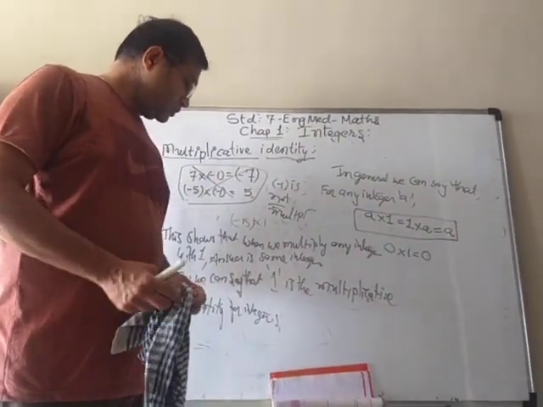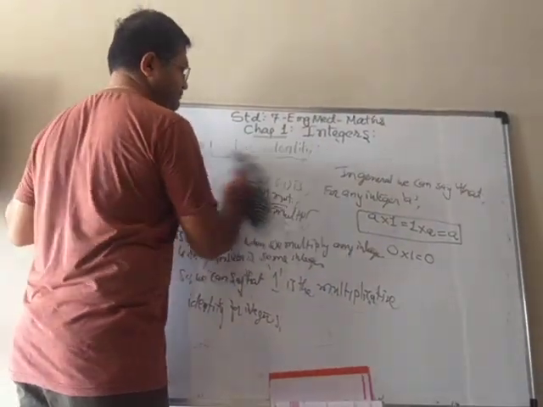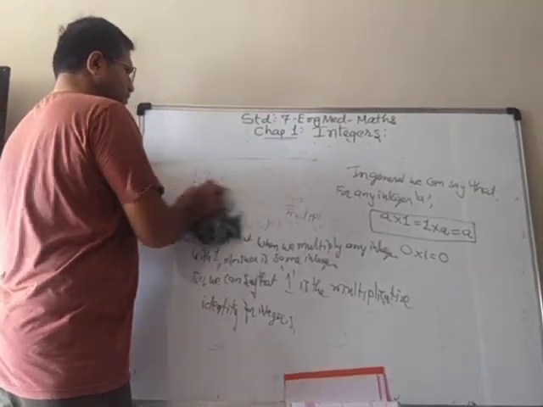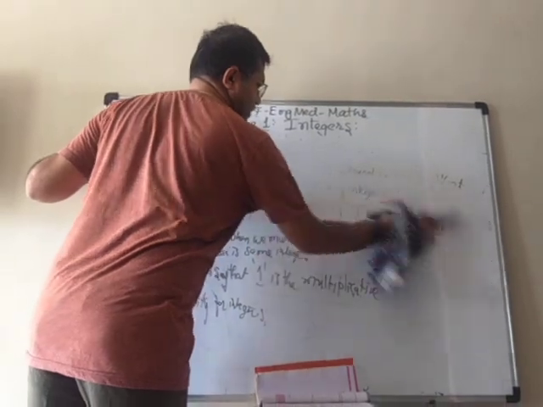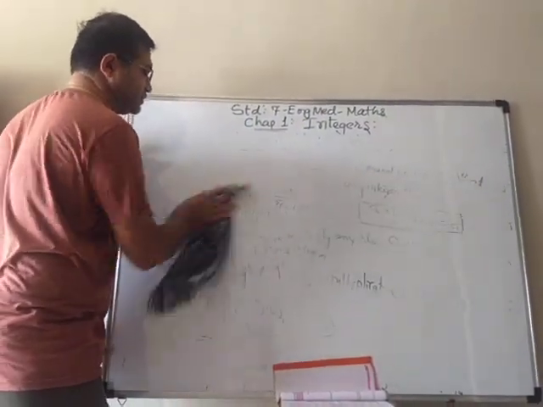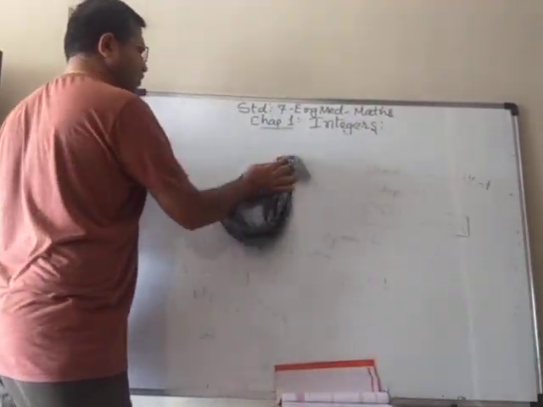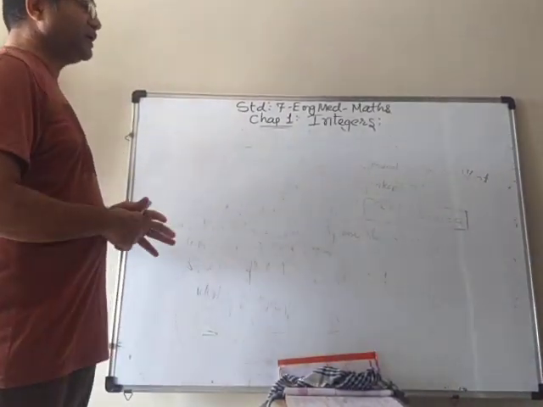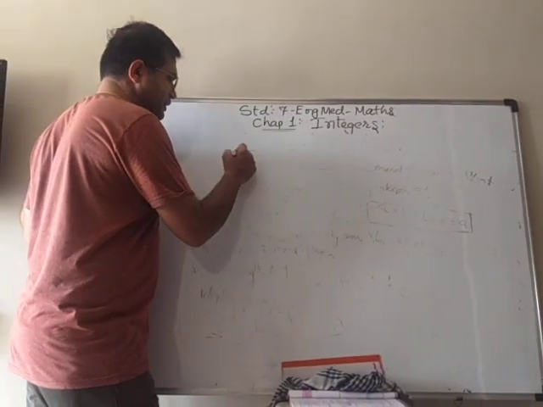So we have to remember, we don't have to mix up the identities, because previously we learned about the additive identity, and here we learn about the multiplicative identity. So in an MCQ or fill-in-the-blank or some 1 mark question, don't get mixed up with these identities.